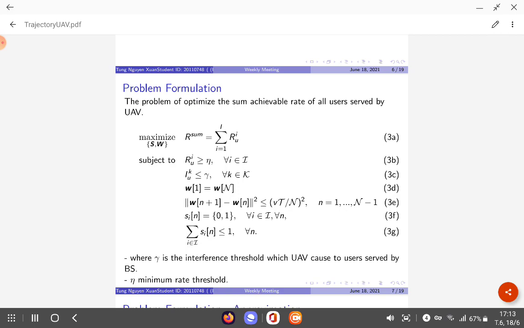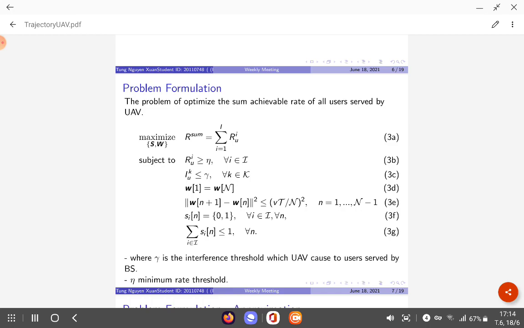The first constraint is the achievable rate constraint. The achievable rate of the user has to be larger than a threshold, and the interference from the UAV to users served by the base station will be smaller than a certain interference. Constraints 3D and 3E are constraints about the movement of the UAV.